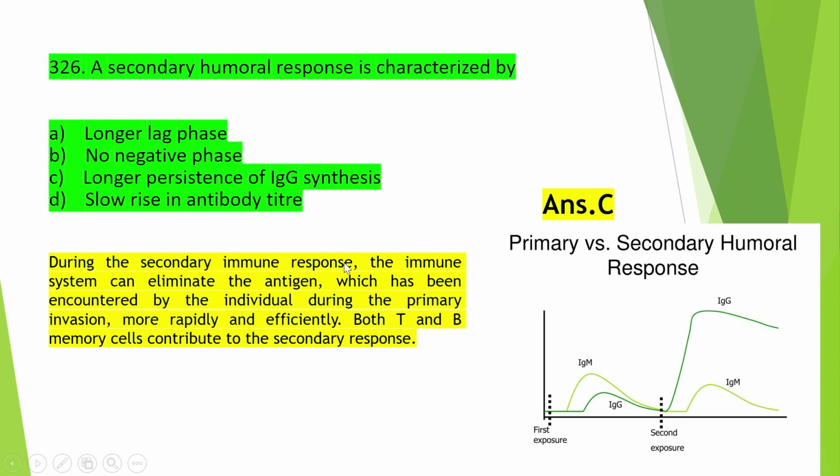During the secondary immune response the immune system can eliminate the antigen encountered during the primary invasion more rapidly and efficiently. Both T and B memory cells contribute to the secondary response. So this is all about secondary humoral response in immunology.